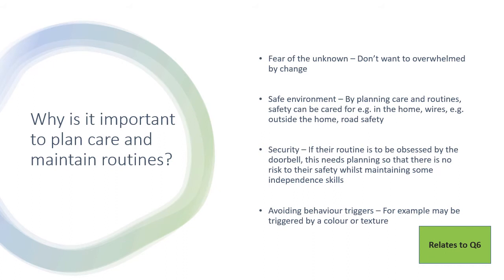So in the home, it can be a safe environment, and outside the home, so road safety can all be accounted for. Security, so if an individual's routine is to be obsessed by the doorbell, this needs planning so that there is no risk to the safety, but still maintaining some independent skills.